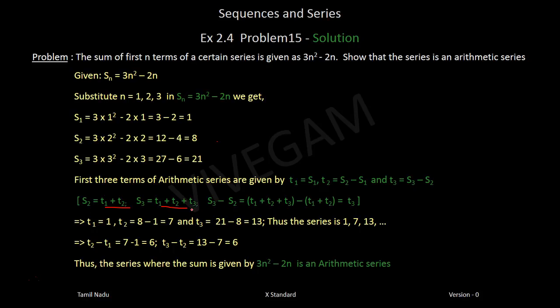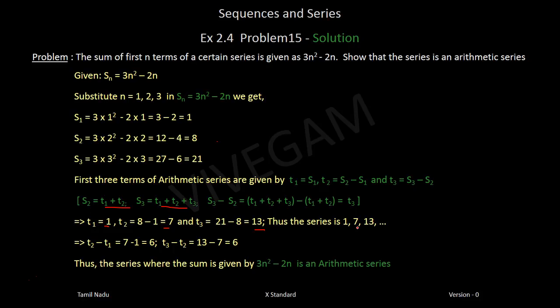Okay. So now you calculate. t1 is s1, so 1. t2 is s2 minus s1, that is 8 minus 1. t3 is s3 minus s2, that is 21 minus 8. Got it? So that is 13. So now the series is 1, t2 is 7, and t3 is 13. So 1, 7 and 13.